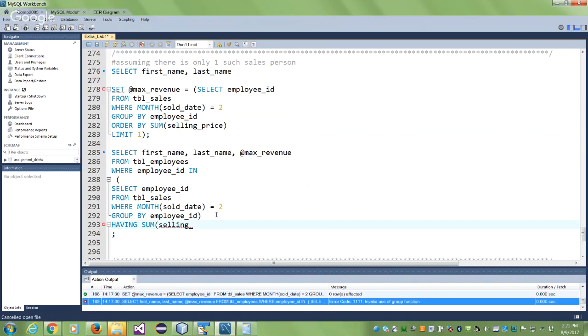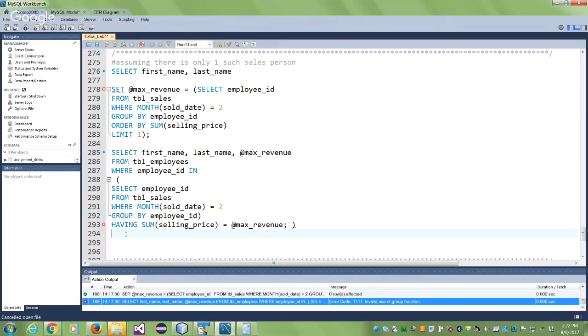Oh God, right. Having, not where, is equal to that at max revenue. Having sum of selling price, what didn't it like? Oh, the semicolon is inside. Still doesn't like it?